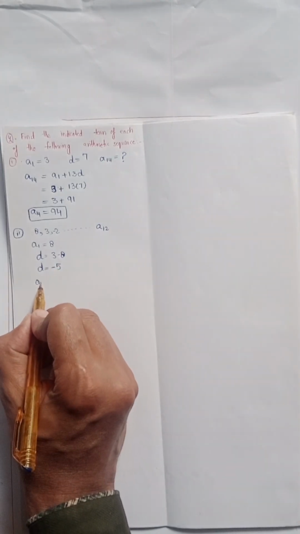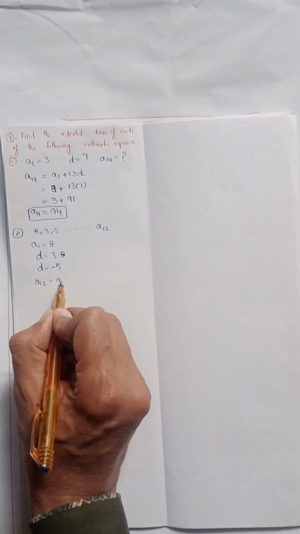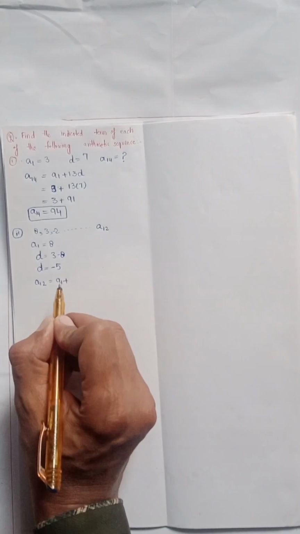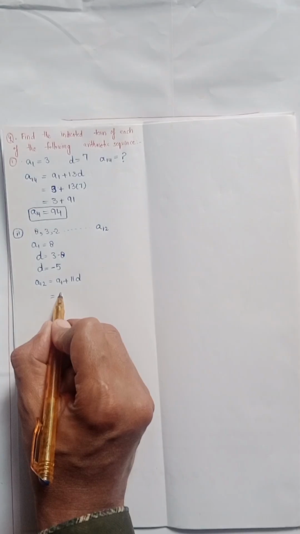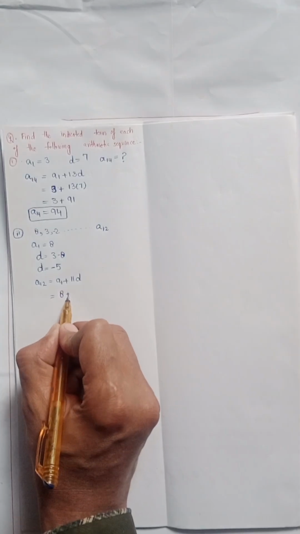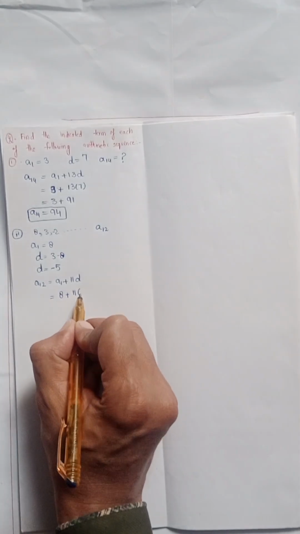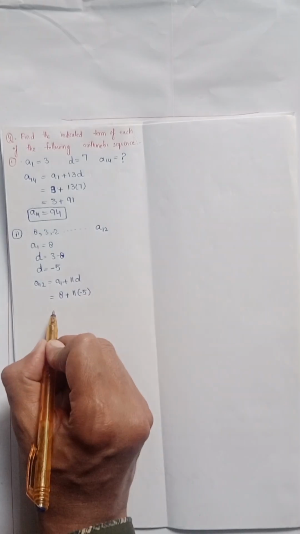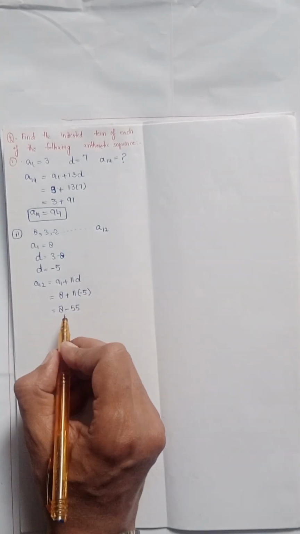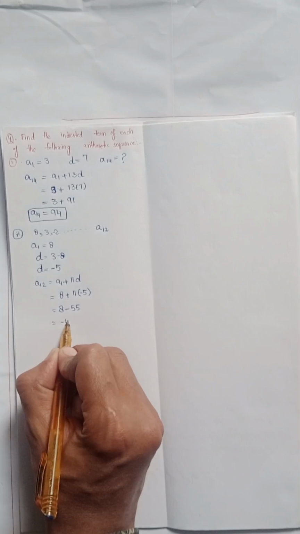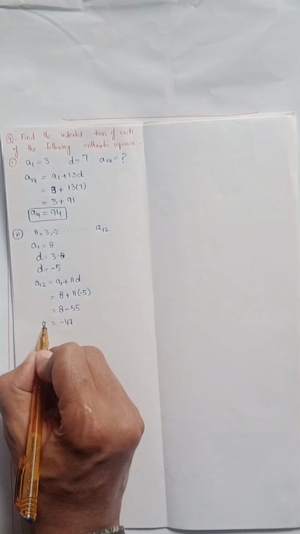So A12 equals A1 plus 11D, and A1 is 8, 11 into D is minus 5, 8 minus 55 means minus 47.